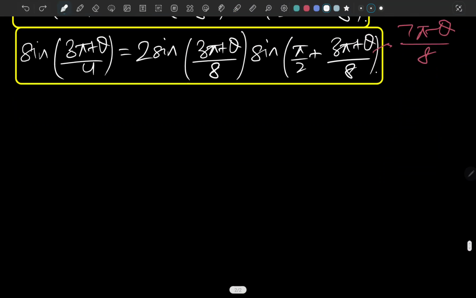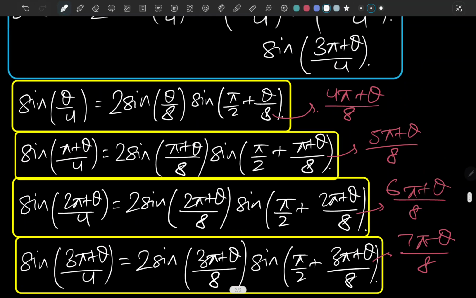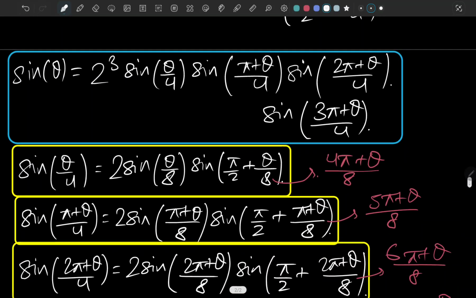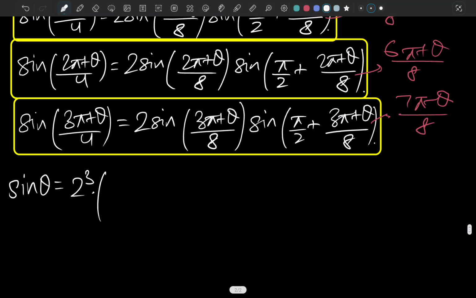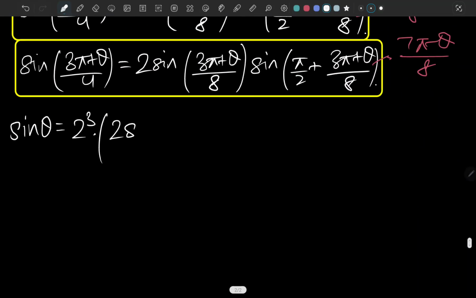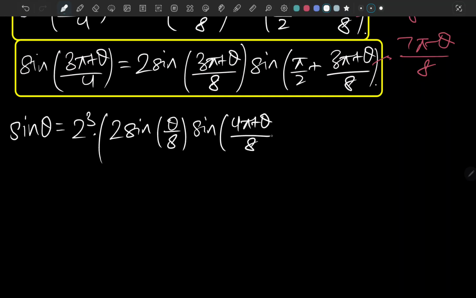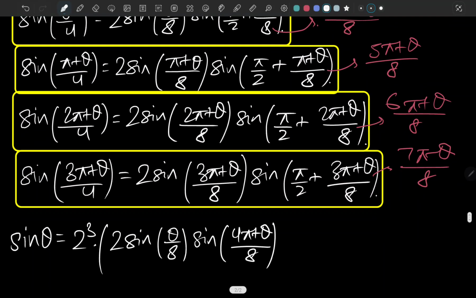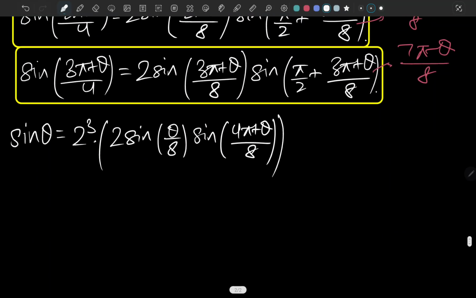So basically we have sine θ as, we had earlier, 2 cubed, right? If we talk about the factor of sine of θ/4, it's 2 sine of θ/8 times sine of (4π + θ)/8. It's pretty understandable, right?